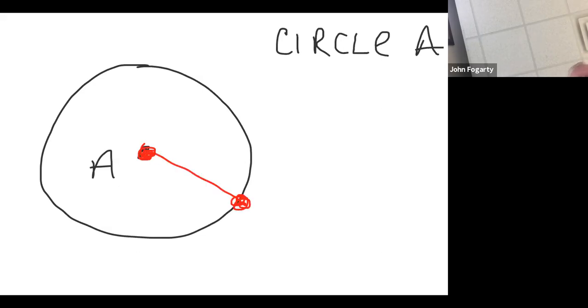What would I call that circle? I would call that circle circle A, because we always name the circle from the point that's the center. All righty? So if I drew this line segment, what would you call line segment AB?